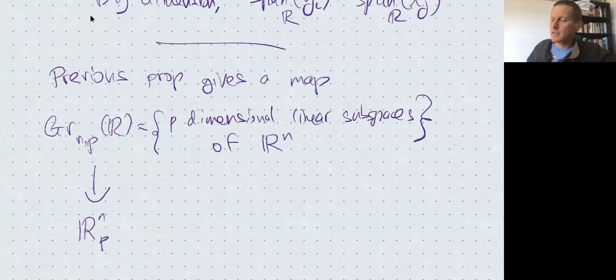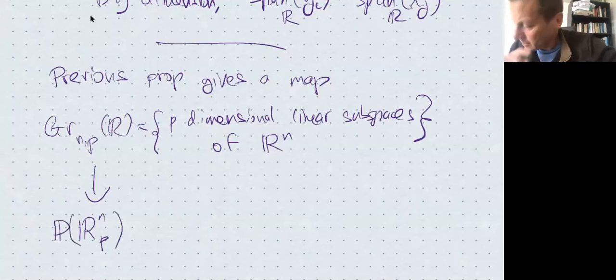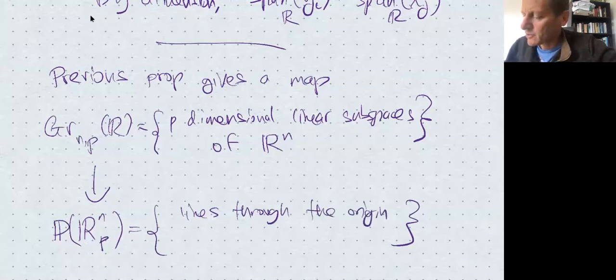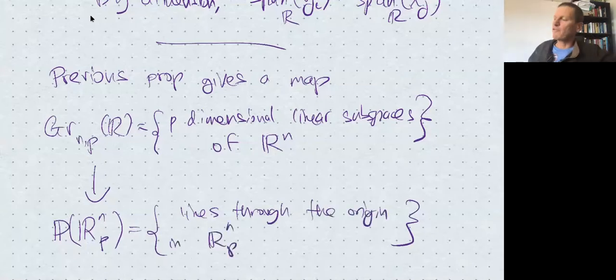And this is mapping to the p-vectors, projectivized. This means lines through the origin in the space of p-vectors.